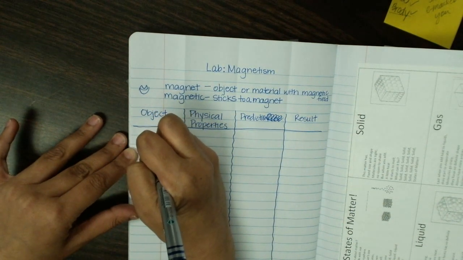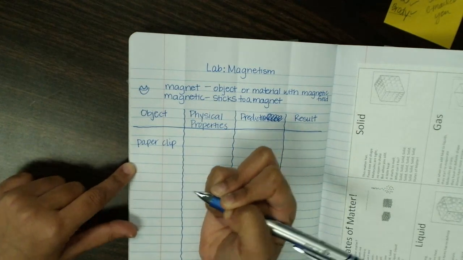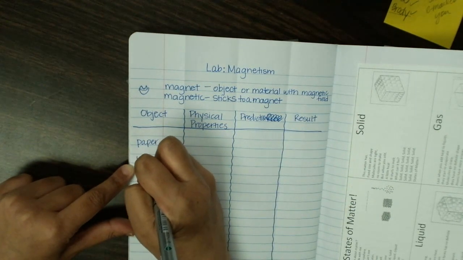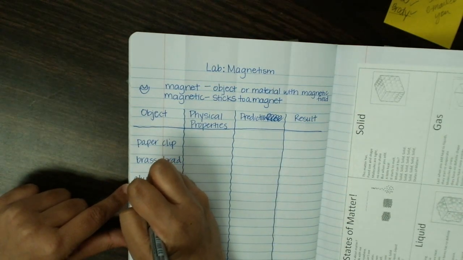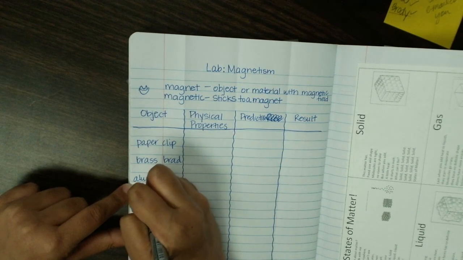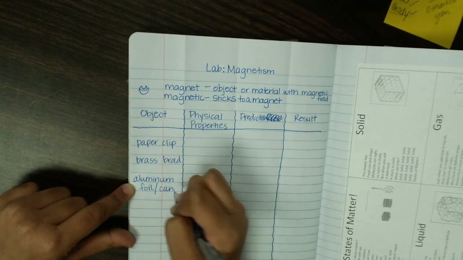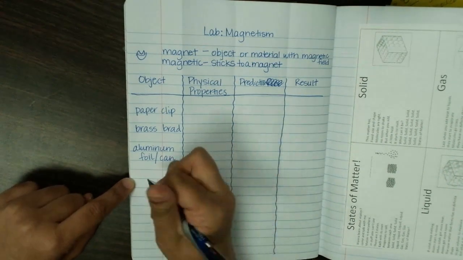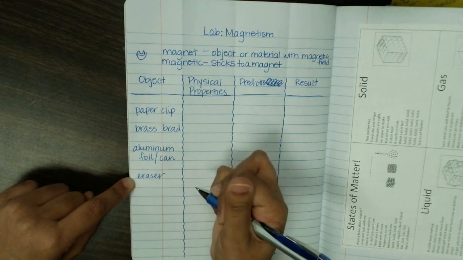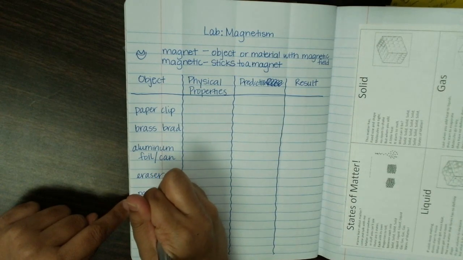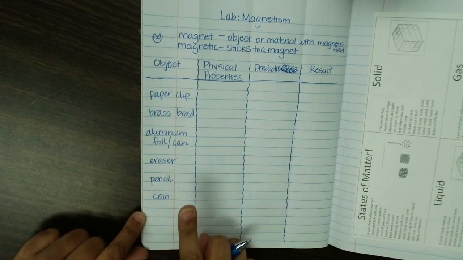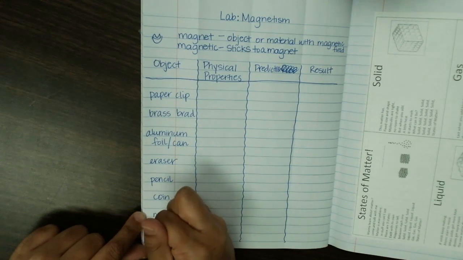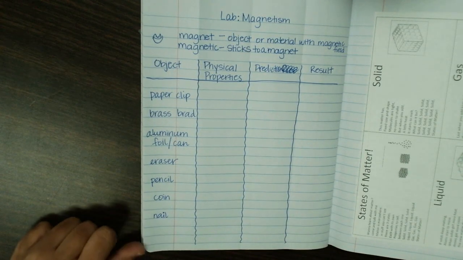So paper clip, okay, skip a line, a brass brad, and I'll show you pictures, aluminum foil. They also said can as an option. I didn't have one. Eraser, pencil, coin, and I'm going to actually have 2 different coins because I want to make sure we are able to look at both ways. Maybe there's something different. And a nail.